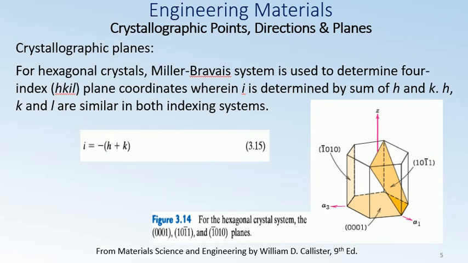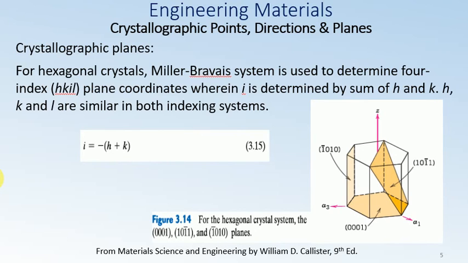If we move on to the next, how you determine plane indices in the case of hexagonal systems. Again, there is a system called the Miller-Bravais system that is used to determine four-index plane indices in the case of hexagonal systems.